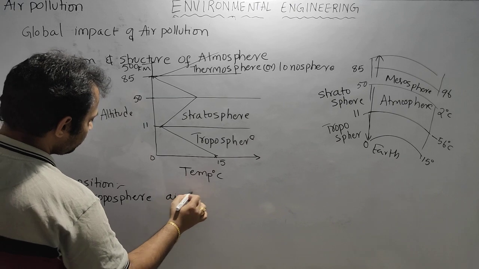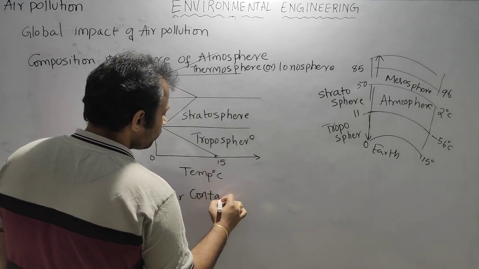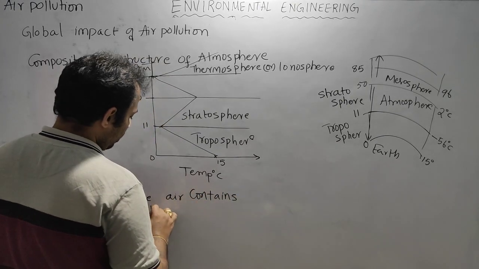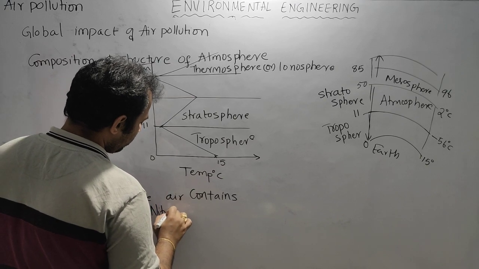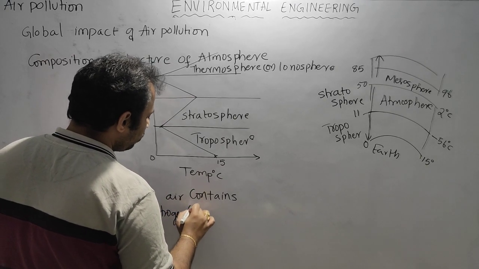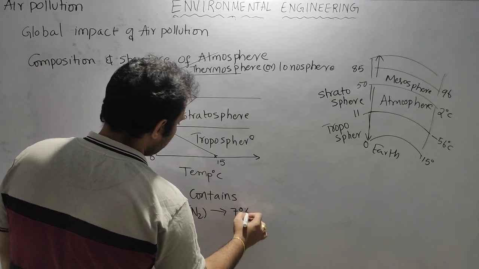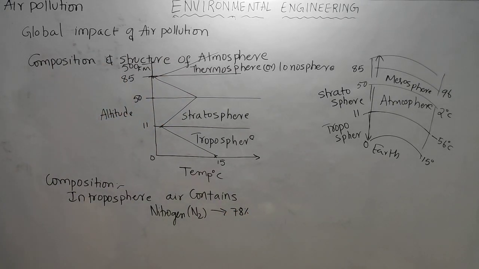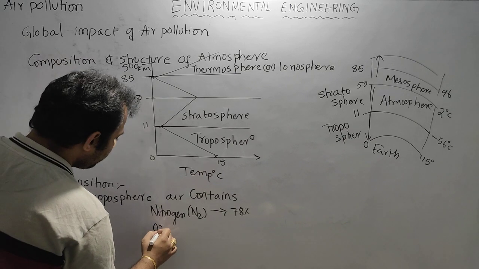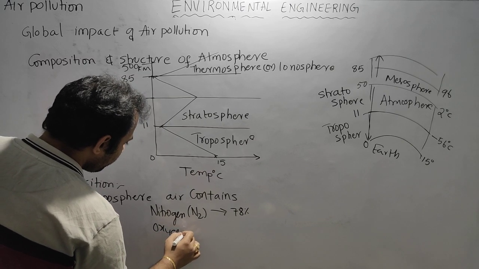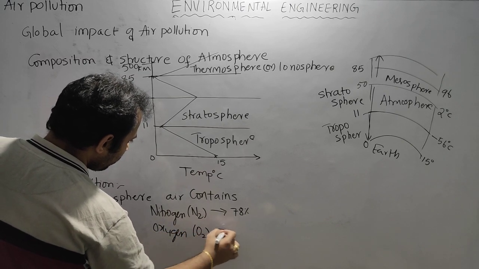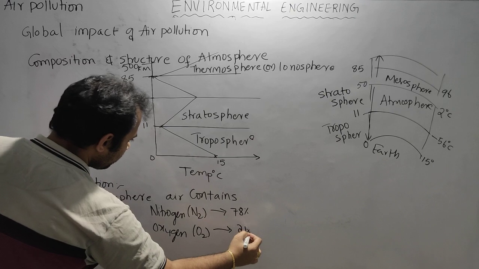Air contains nitrogen as N2, 78%. After nitrogen, the major compound present is oxygen, O2, 21%.